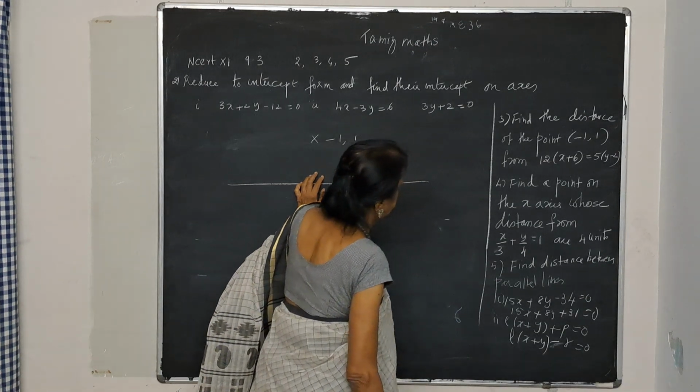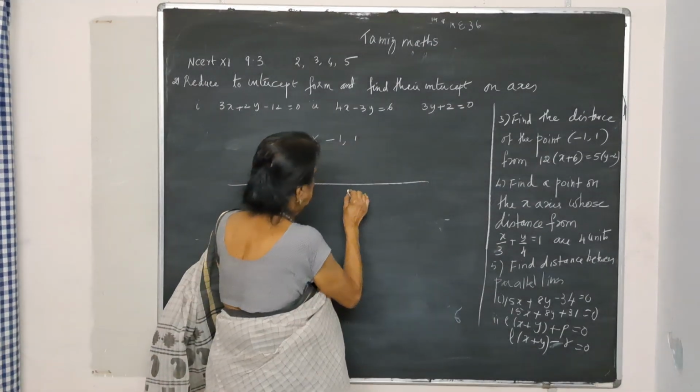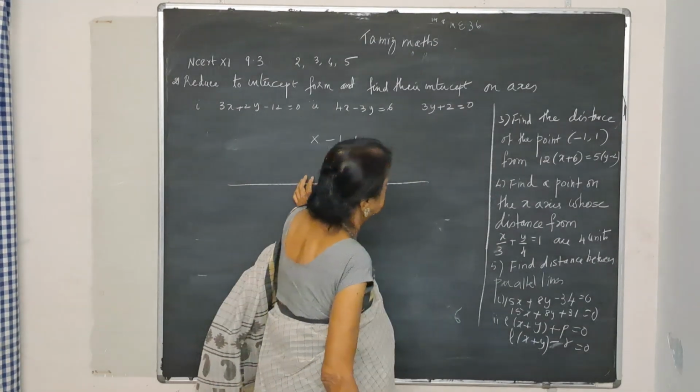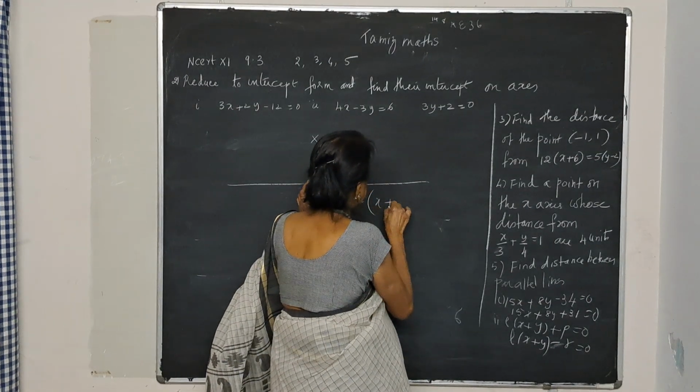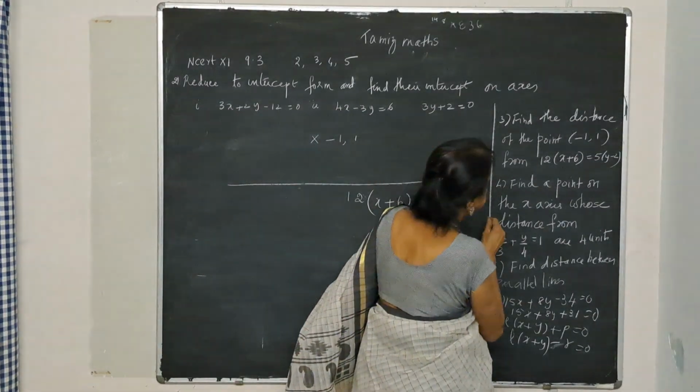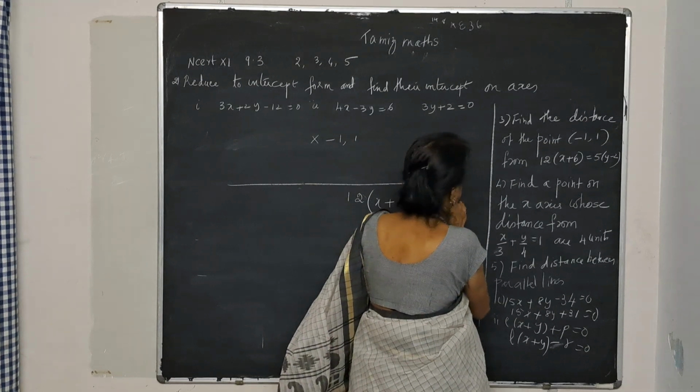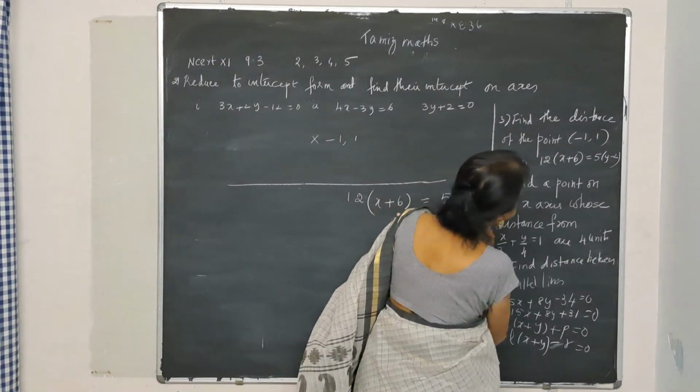Find the distance of the point minus 1, 1 from the line 12 into x plus 6 is equal to 5 into y minus 2. Always a rough figure will make it better for you.